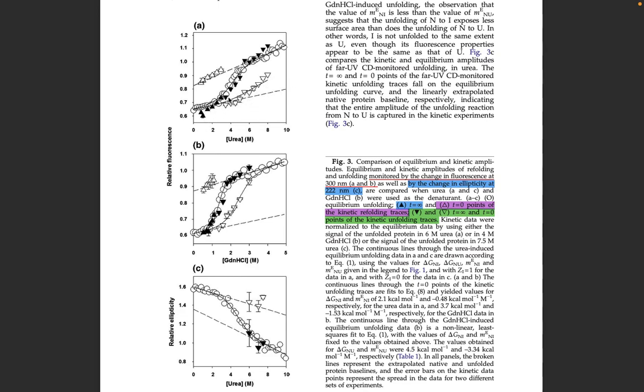Why does the signal change at different concentrations if the protein remains in its native conformation? This is the effect of urea: if there is urea around the protein, the fluorescence value will change as per the urea concentration.